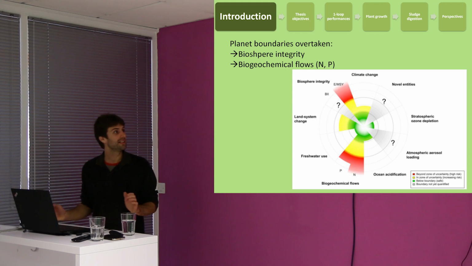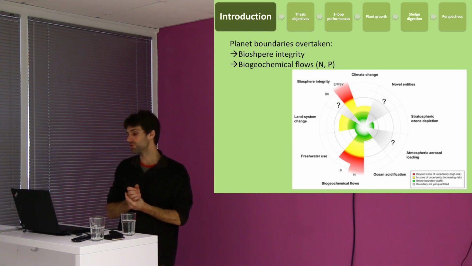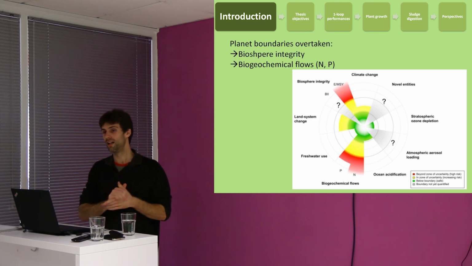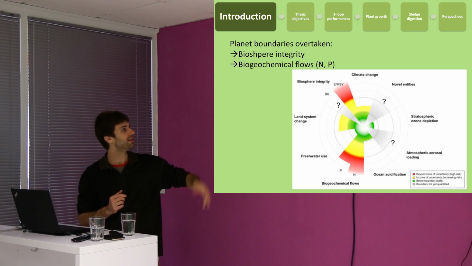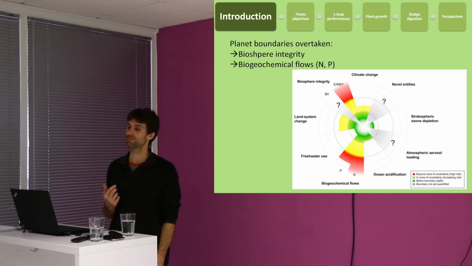So a nice way that I like to introduce the necessity to make aquaponics. I don't know if you know this planet boundaries concept. I don't know if you ever heard about that.